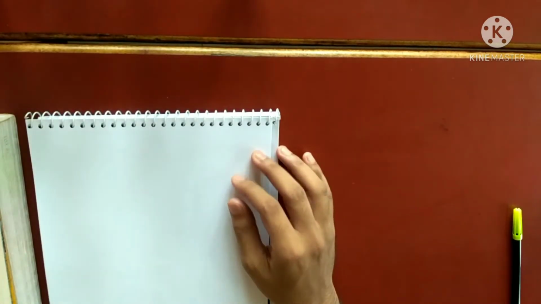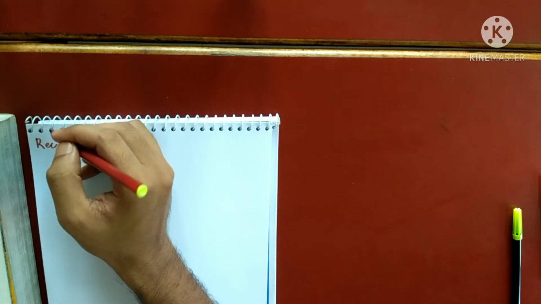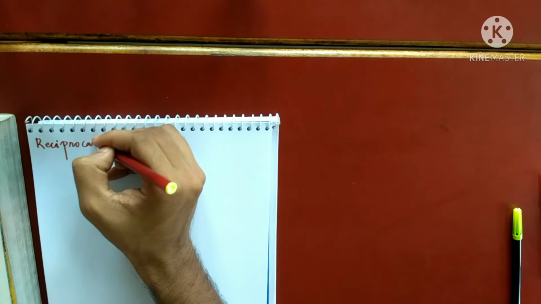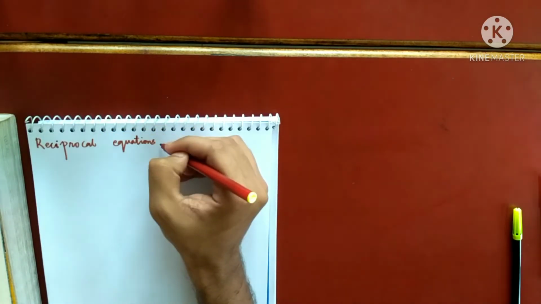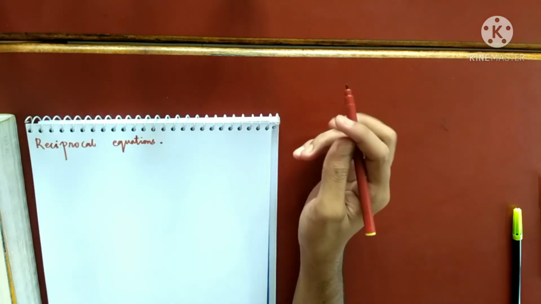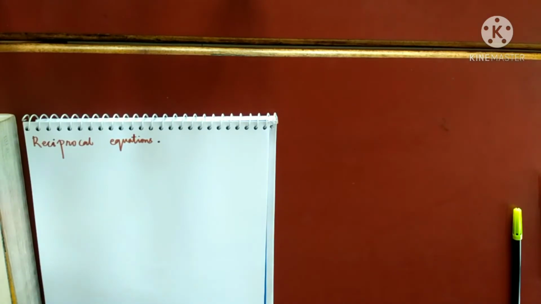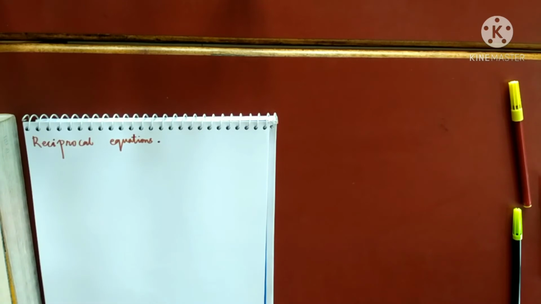So here we end transformation, and here we start something called reciprocal equation. So what is meant by a reciprocal equation?